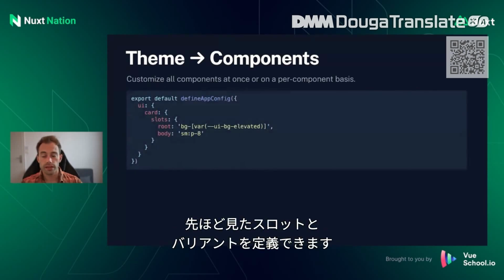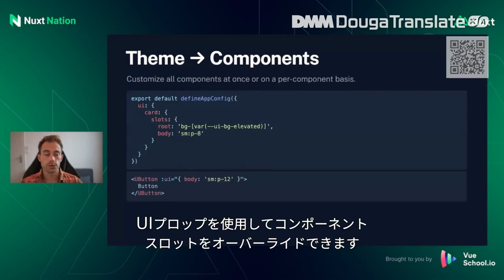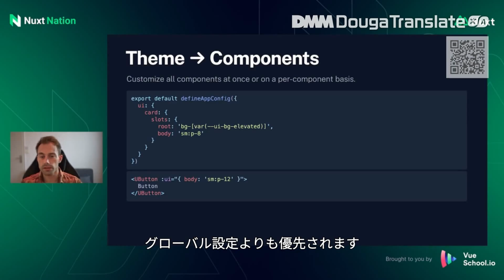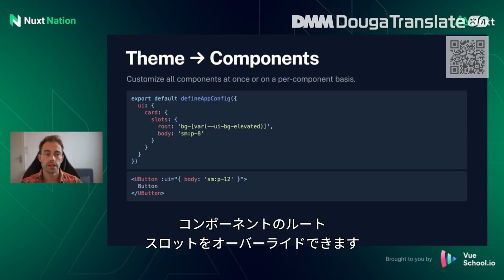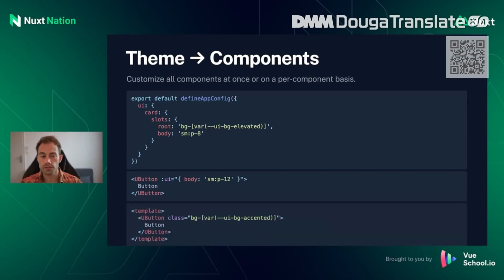You can override them globally in your app config, where you define the slots and variants we've seen just before. You can override a component's slots using the UI prop. This will have precedence over the global configuration you did in your app config. And finally, you can use the class prop to override the root slot of the component.